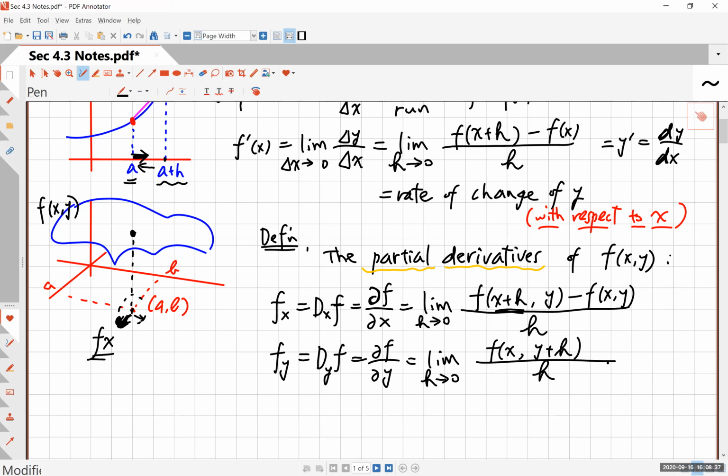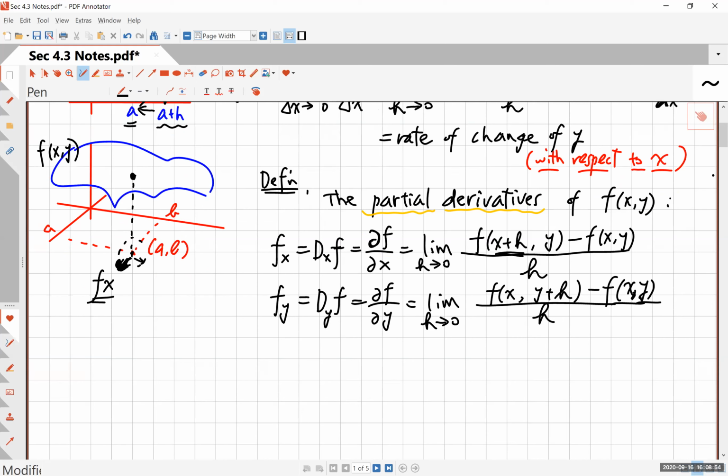This time you go h units in the y direction, and then find the difference between the value of the function at the new place minus f of x, y, that's the difference in the z coordinates, and then divide it by h. So what does this mean? This is the rate of change, but not just a random rate of change, the rate of change in the positive y direction.